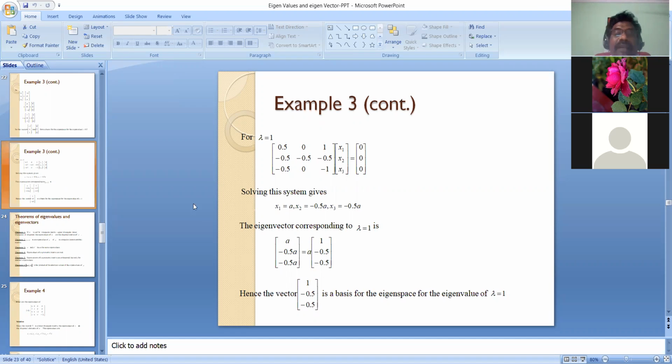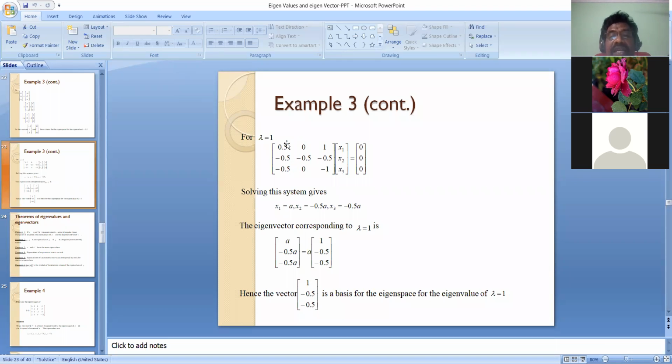Substituting lambda equal to 1 in the coefficient matrix, we get 0.5, 0, 1, minus 0.5, minus 0.5, minus 0.5, 0, minus 0.5, 0, minus 1, times x1, x2, x3 as a column matrix of unknowns, equal to 0, 0, 0 as a zero column matrix. Now we solve this system of homogeneous linear equations.